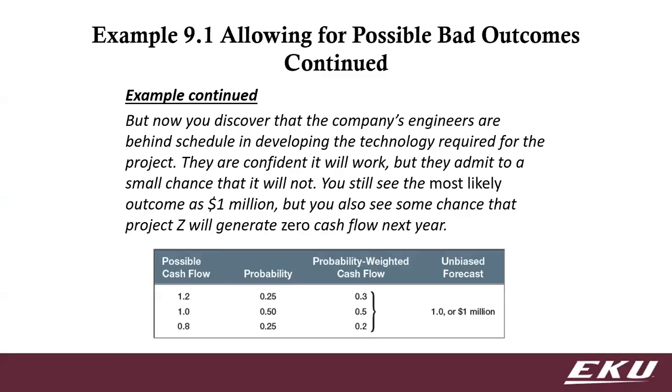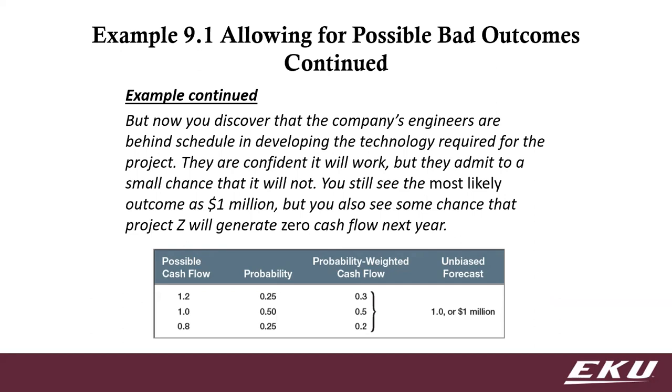But now we found out that things aren't quite going the way we hoped. It's still most likely that we end up with our million. That's a possibility, but there's a 25% chance that we're doing 20% better, and a 25% chance that we're doing 20% worse.